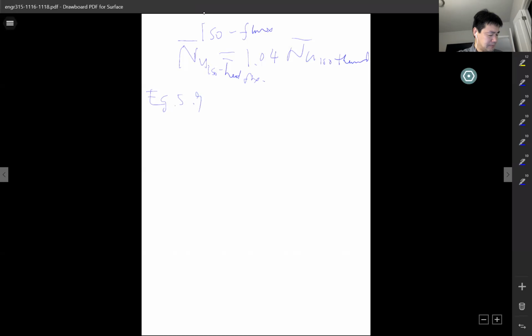So let's look at the example. It's not difficult. Air at 20 degrees Celsius and 1 atmosphere pressure flows over a flat plate at a velocity of 35 meters per second.